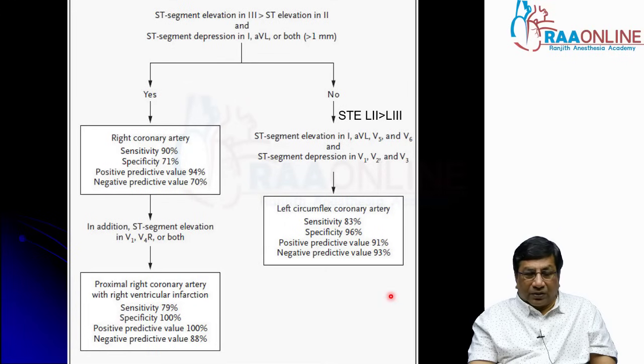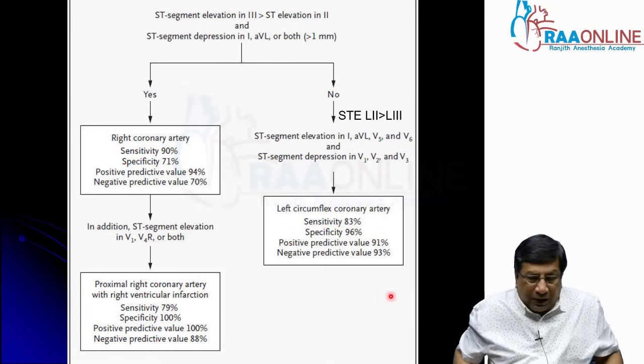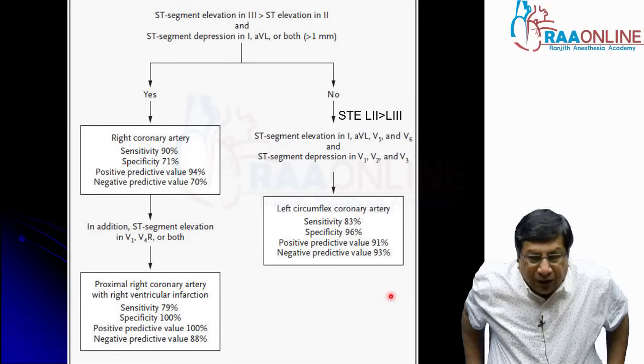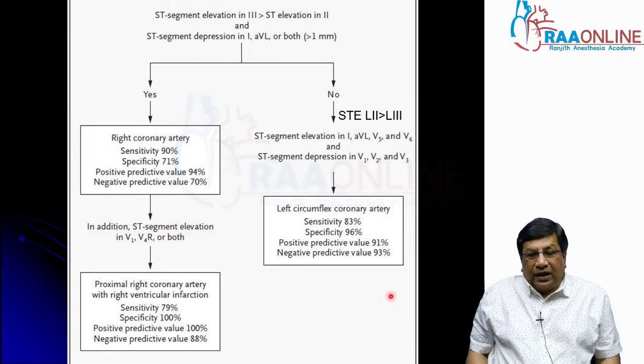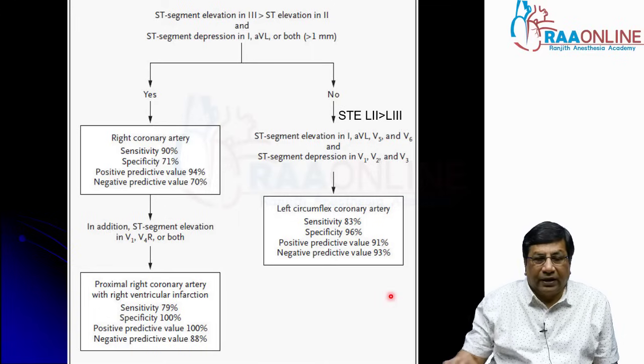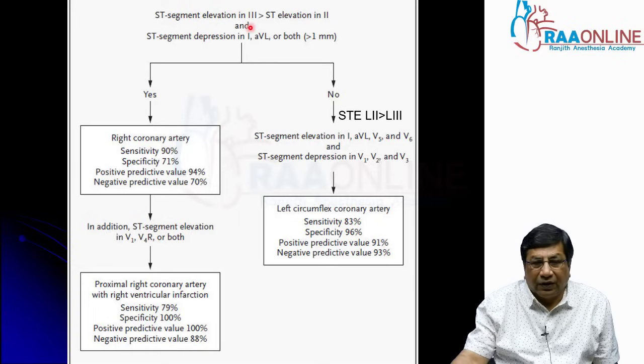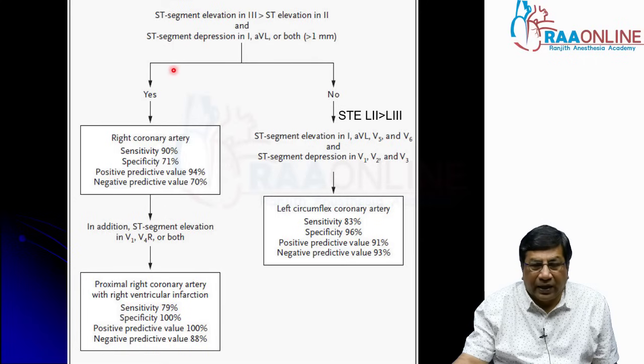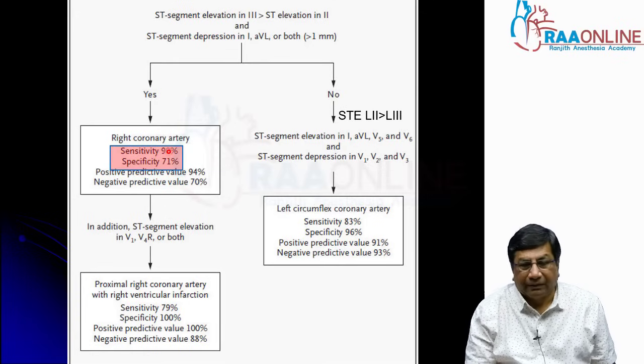So now coming to the inferior wall infarction of the circumflex versus RCA, what are the ECG signs, sensitivity and specificity? If I have ST elevation more in L3 than in L2, and there is ST segment depression in L1 and AVL more than 1 millimeter, diagnosing a right coronary lesion, the sensitivity and specificity is so high.